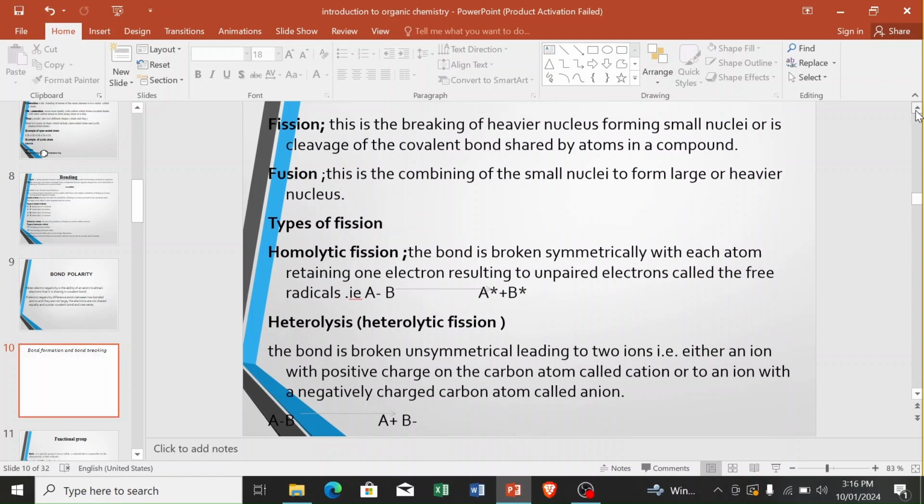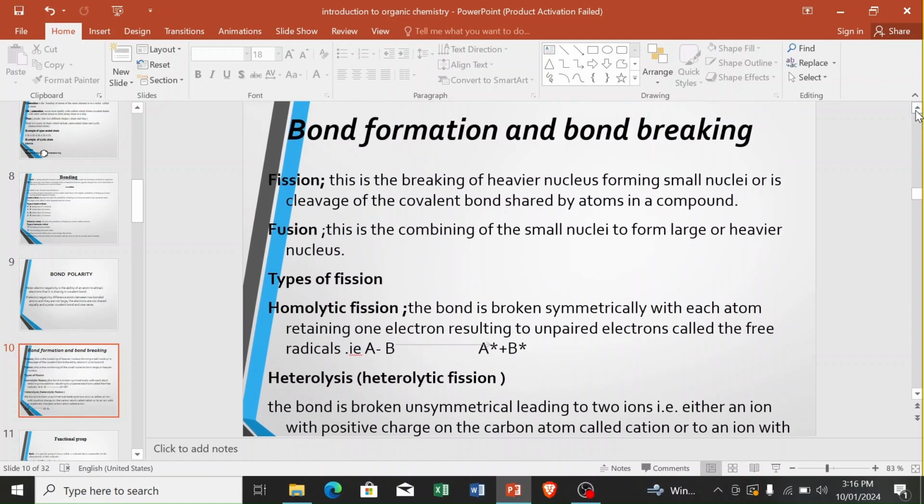And after knowing bond polarity, this takes us to bond formation and bond breaking. Bond formation: how do bonds form? When they attract, they come together and form a chemical compound. And after they have formed a chemical compound, how do they break to split and have their own structures and their ions?